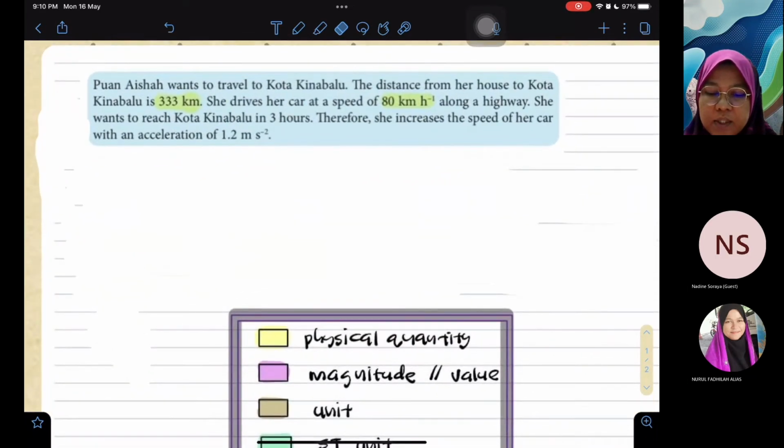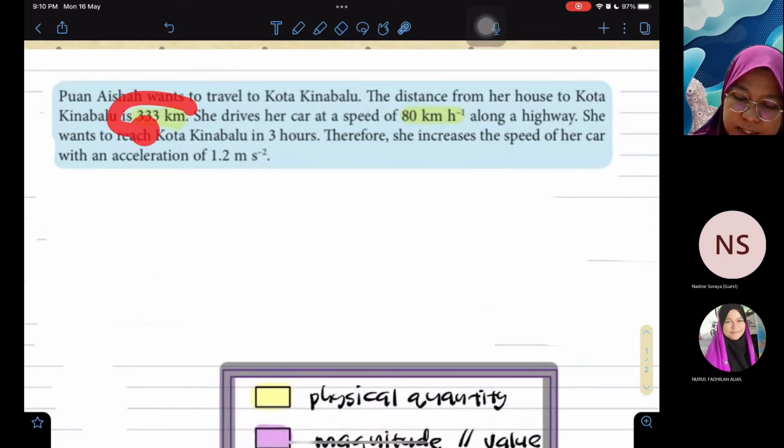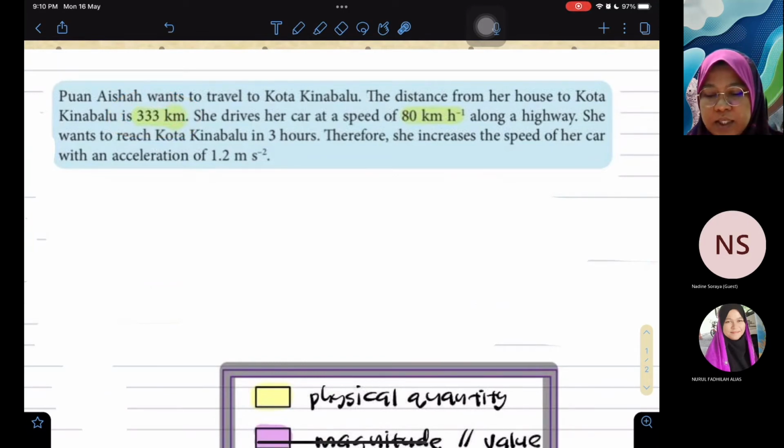Puan Aisyah wants to travel to Kota Kinabalu. The distance from her house to Kota Kinabalu is 333 kilometers. Okay, kat sini 333 kilometers ni adalah satu physical quantity. Jadi there are a lot of questions I can ask you. So pertama sekali I can ask you what is the physical quantity mentioned?